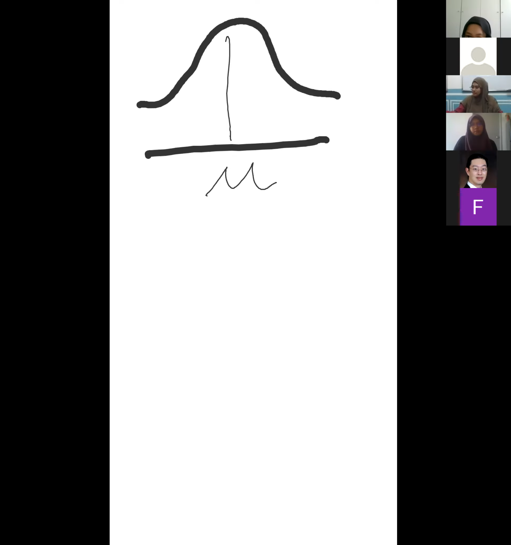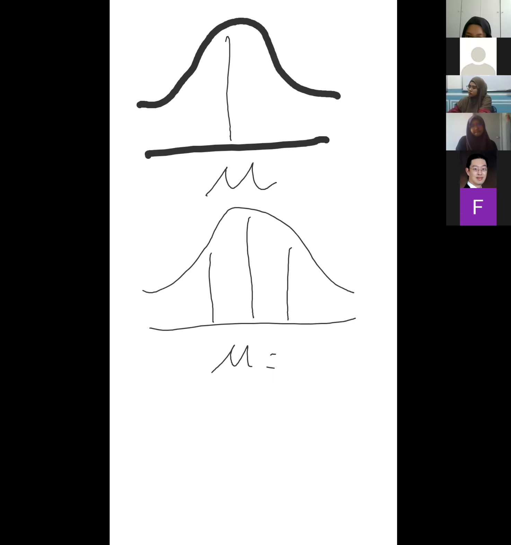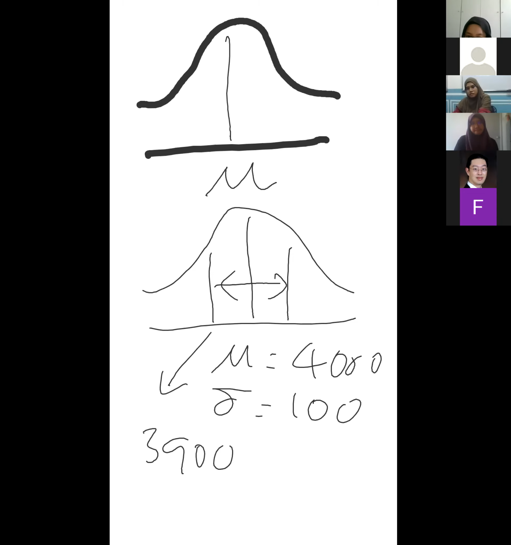Okay. Now, if you have a normal curve and one standard deviation, let's say your average is 4,000 and your standard deviation is 100. When I say one standard deviation, that means between here and here: the middle one will be 4,000, the first line here will be 3,900, and this one will be how much? 4,100, right?